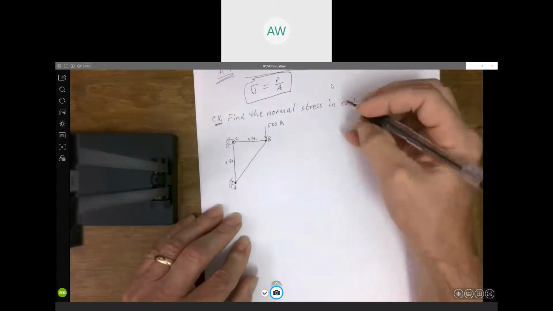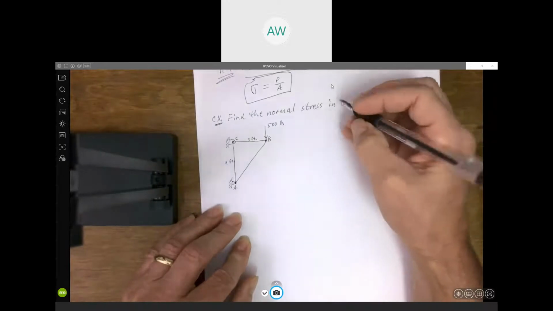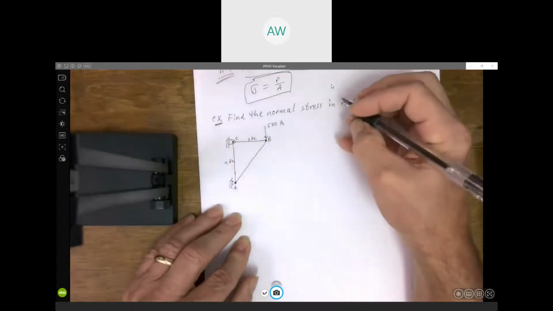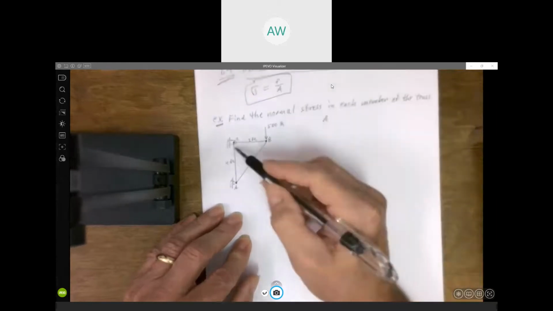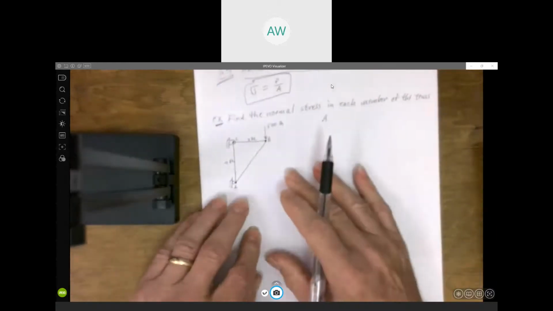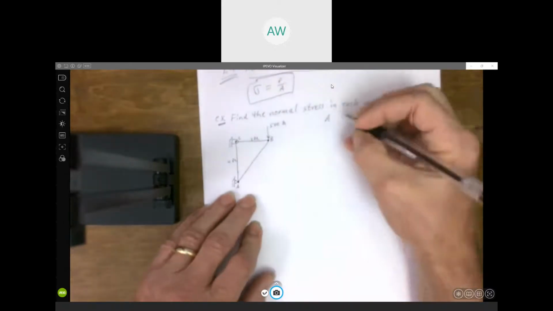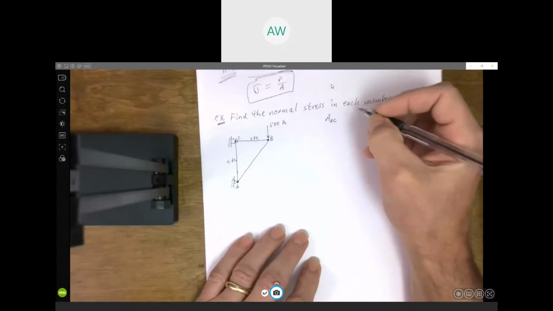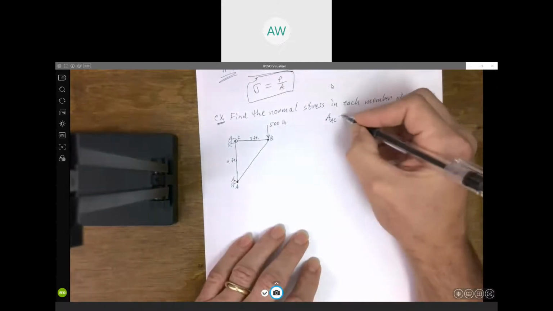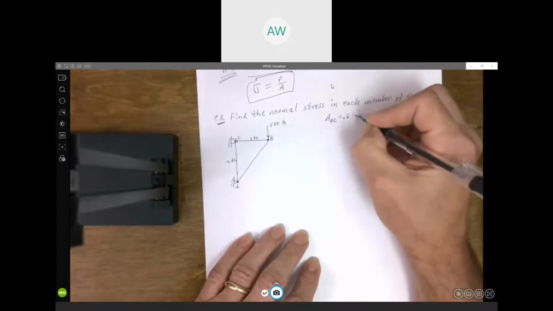And we're given what the cross-sectional area of each of these members is. I'm just going to write them over here off to the side. Cross-sectional area of member AC here is, if I can read my writing, looks like 0.6 inches squared.